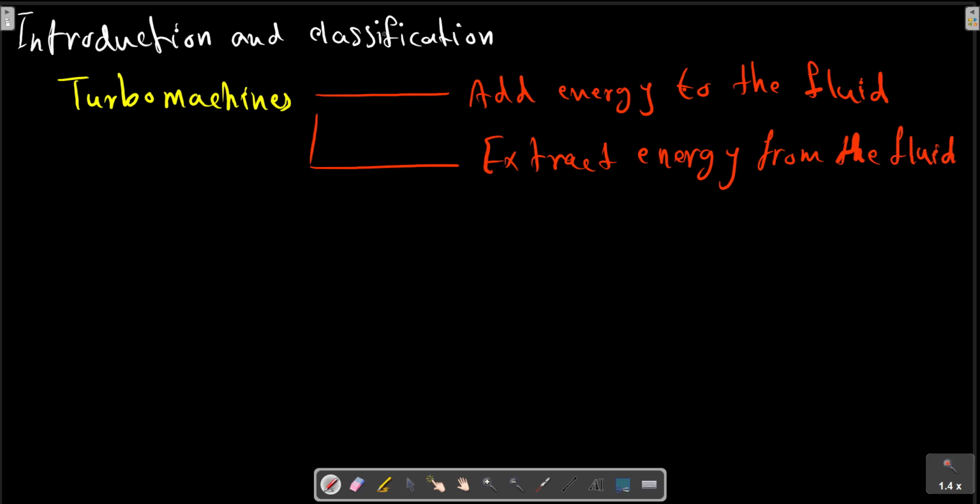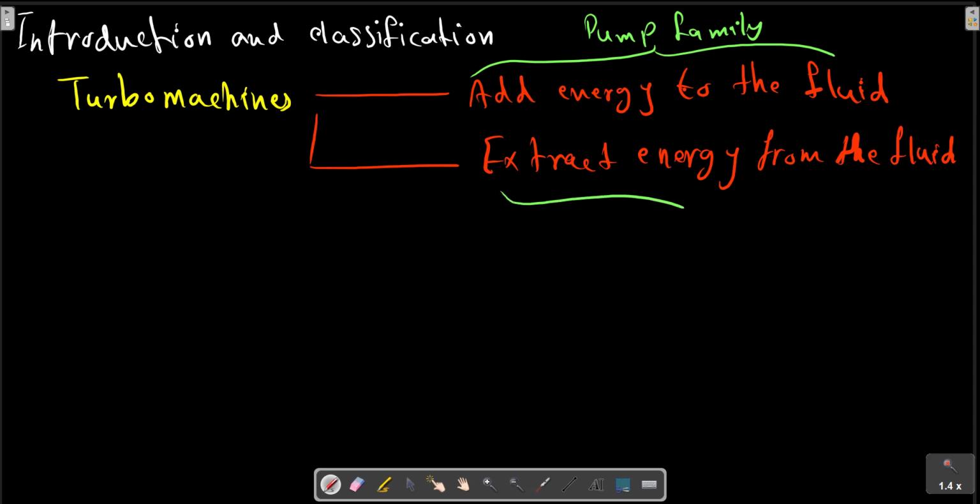The first one are the pump family, and the second one is turbines.